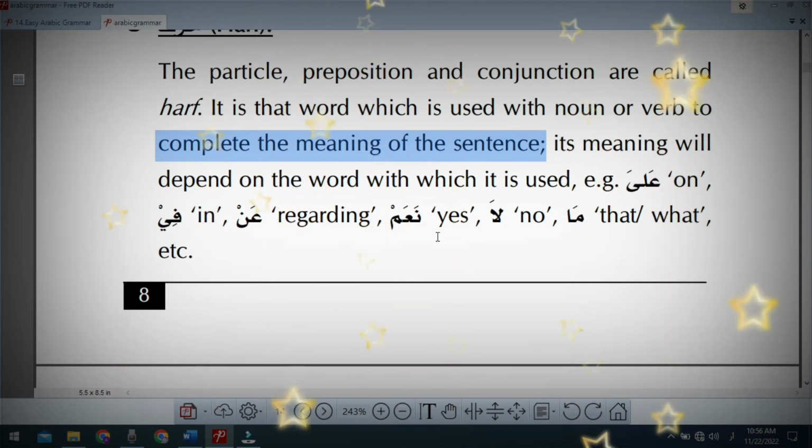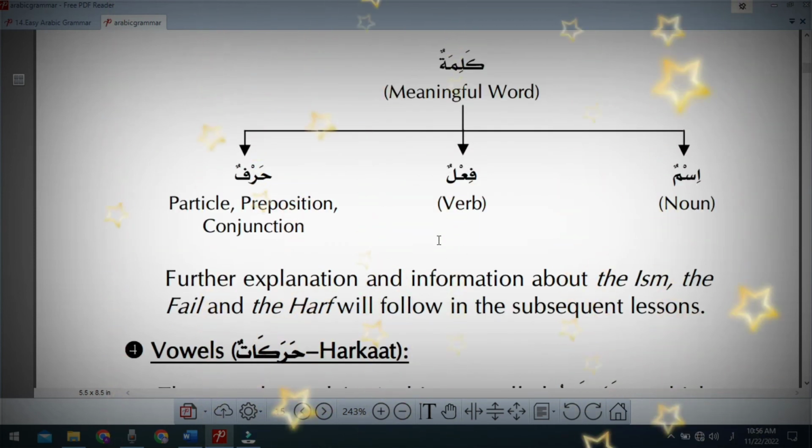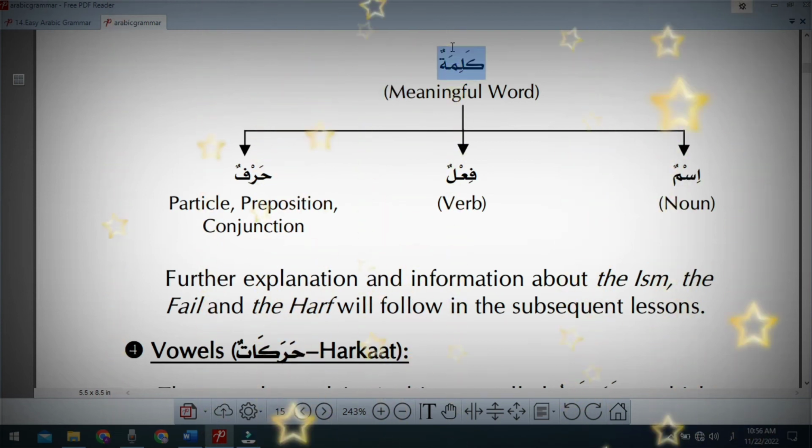There are so many kinds of harf in Arabic grammar. Let us revise the previous lesson. The kalima is called the meaningful word in Arabic language. The word which has meaning is called kalima. We learned this in our first lesson.